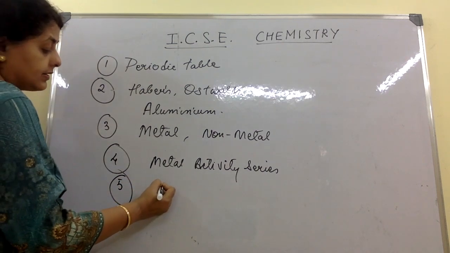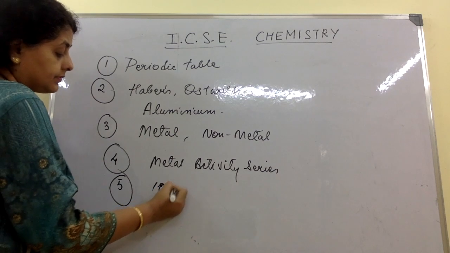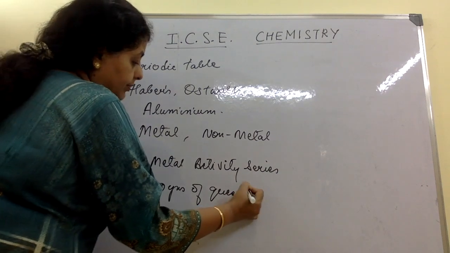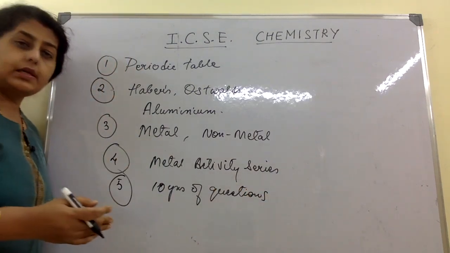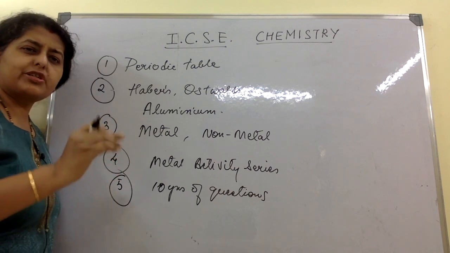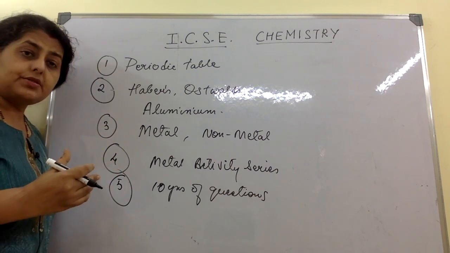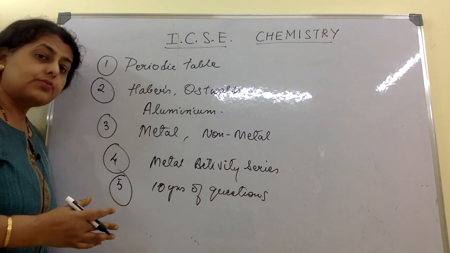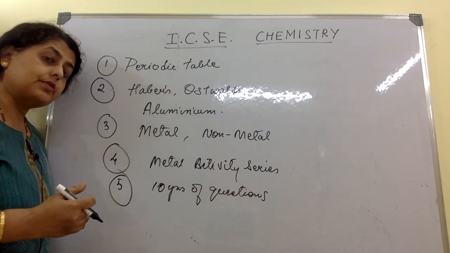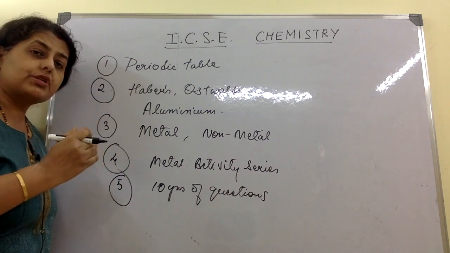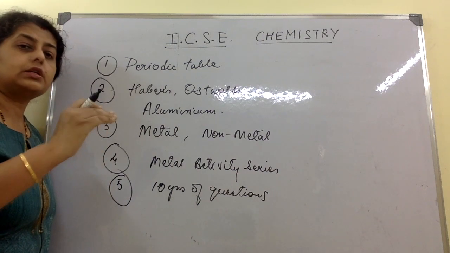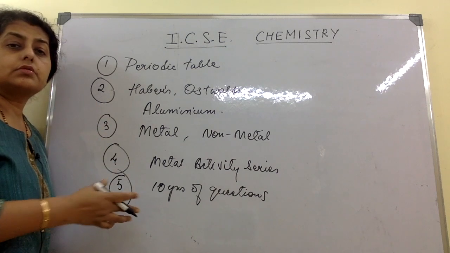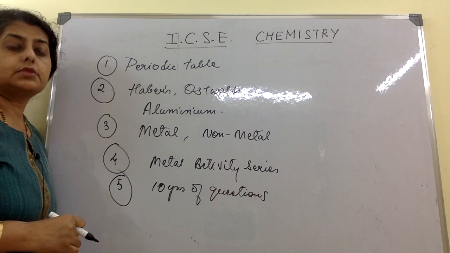Next is, we buy a lot of sample papers and a lot of questions before the exam, but in chemistry I don't think you really need it, because in your textbook itself, behind every chapter, there are the last 10 years' questions with the exact year of the exam given.